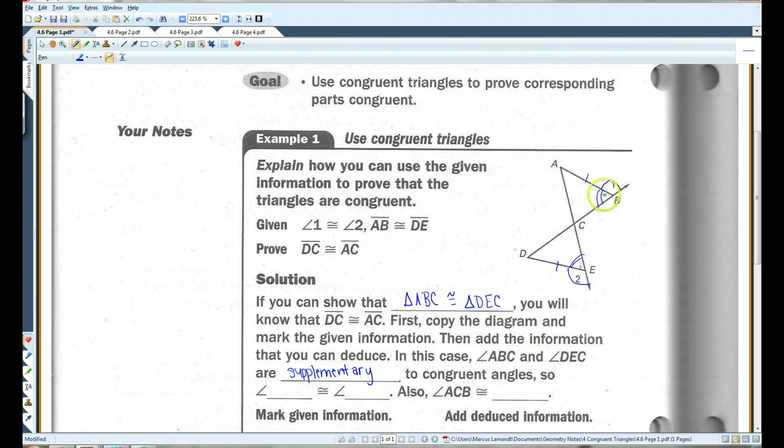And if you guys remember, if you have two angles that are supplementary to either the same angle or to congruent angles, then those angles are congruent. So angle ABC is congruent to angle DEC. Also, angle ACB is congruent to angle DCE because they're vertical angles.